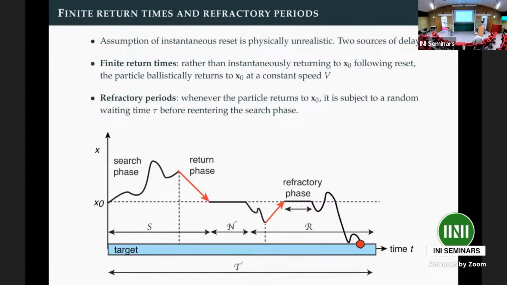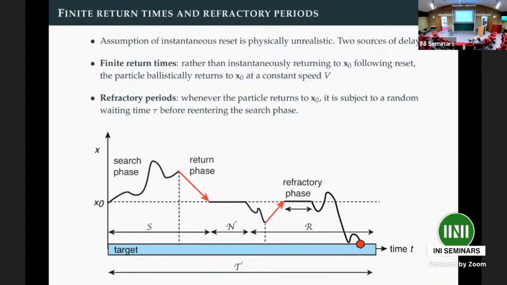The way I formulated this is as follows. I'm going to exploit renewal theory and something called the strong Markov property. So I'm kind of putting on my probabilistic hat. Let's break up a typical absorption event in terms of the following. Of course, some of these could be infinite or zero, depending on the particular realization. But let's assume that the particle resets at least once. Let S be the time it takes to return to the reset point the first time.